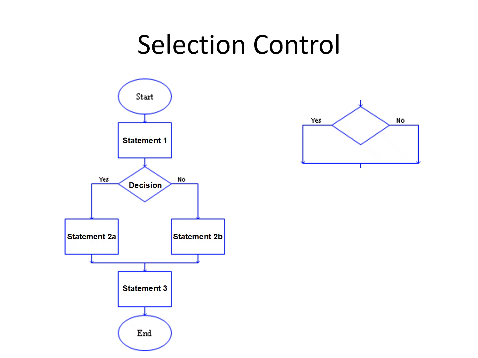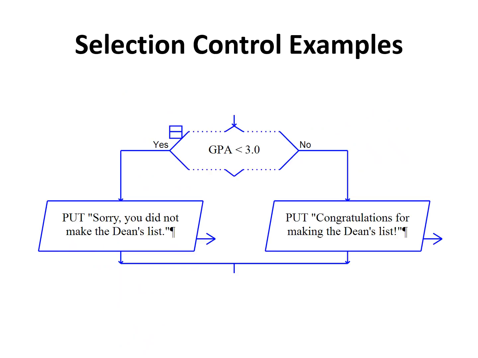So the decision means if x greater than 10, if it is yes, then statement 2a will be executed. If it is no, statement 2b will be executed. Yes or no, simply yes or no. If there is any condition with yes or no, we have to blindly follow the selection control symbol. This is the example.